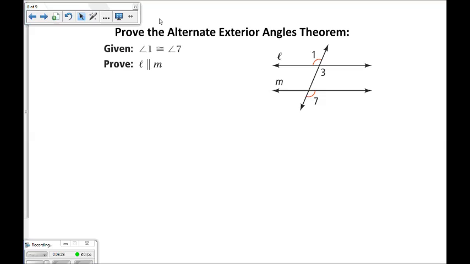Again, we'll start with our given, work down to our prove statement. We're given that angles 1 and 7 are congruent. Again, looking at this picture, we can see that angle 1 is congruent to angle 3 because they are vertical angles.